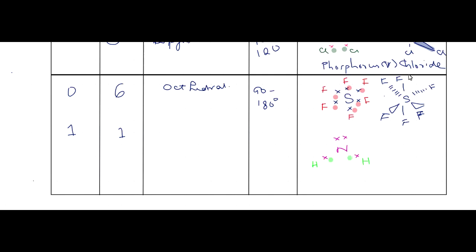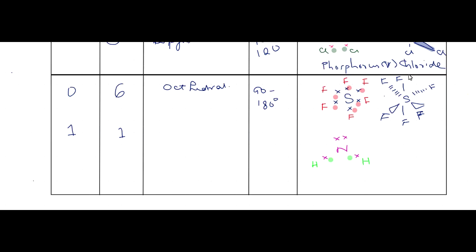Now, in this case, I have noticed something interesting. You will see that the bonded pairs of electrons are close to each other, but they are very far away from the lone pair of electrons. Why? Because the repulsion between the lone pair of electrons and bonded pair of electrons is moderate.